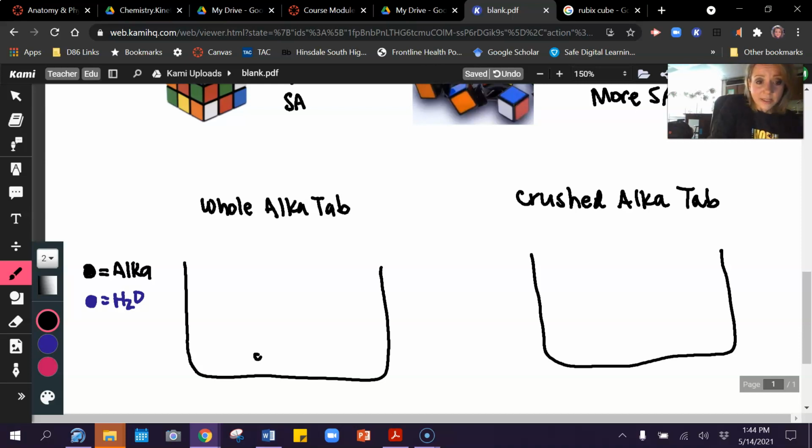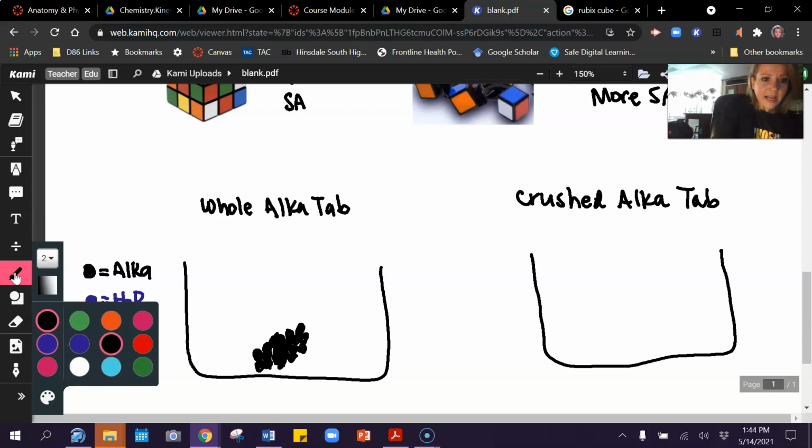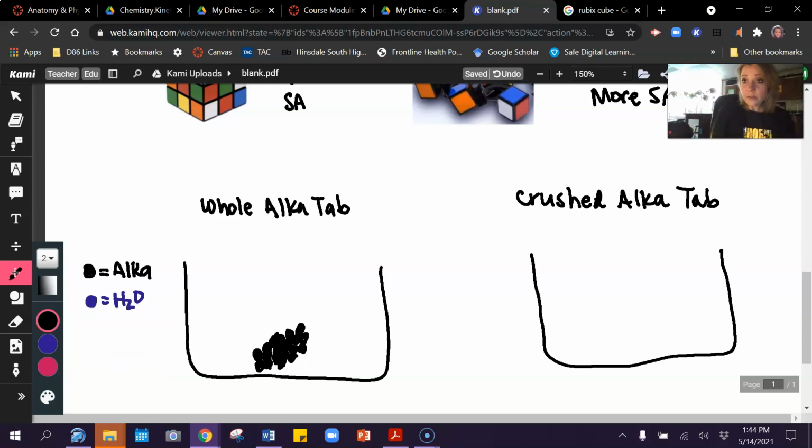And so solid particles are going to be very close together because they're solids. They're not moving around very much. And as you can see, the inside of this is completely covered because I've got all of these molecules right up close next to each other.